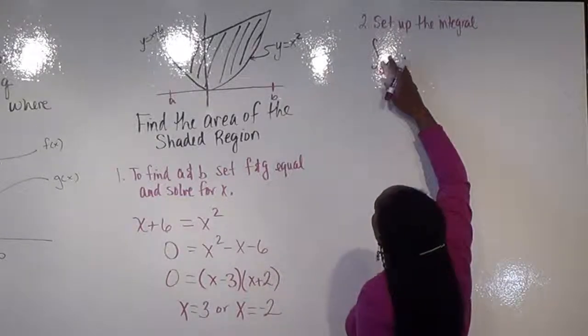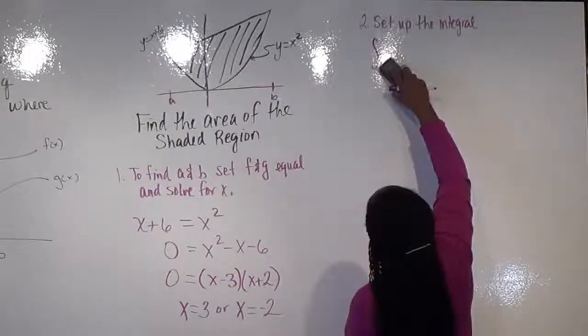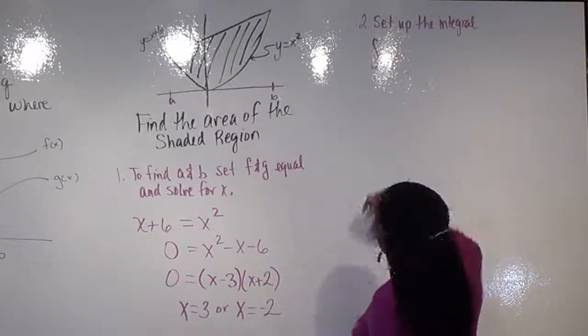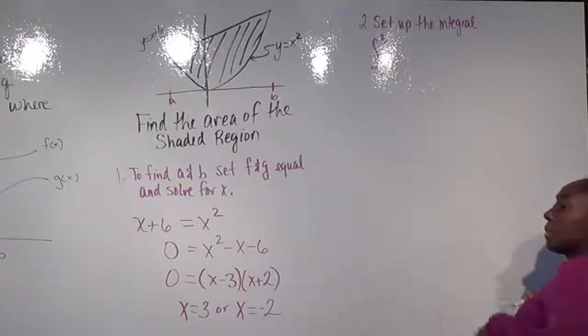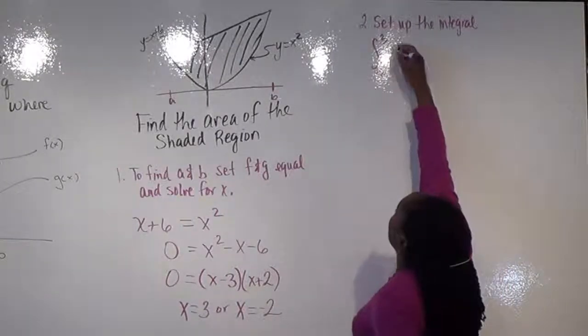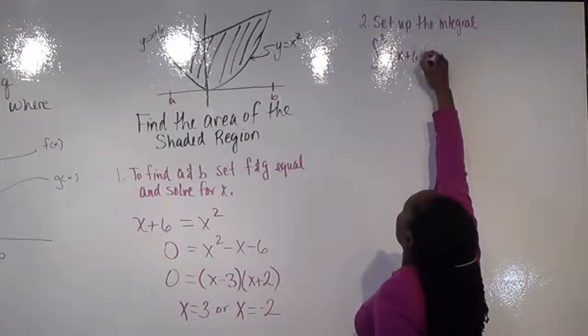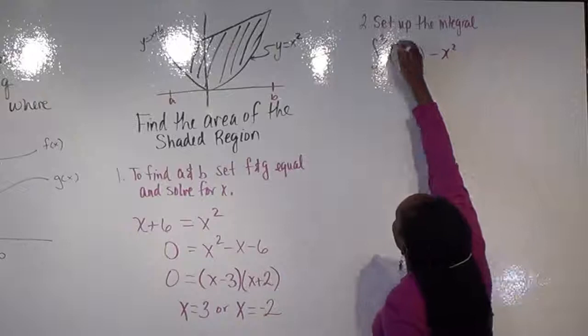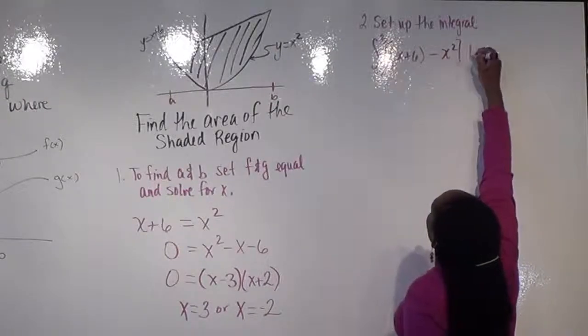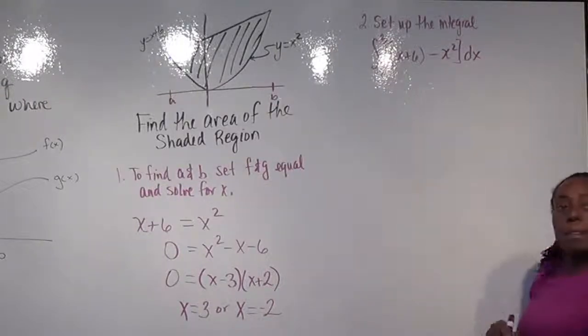So integral from a, which in this case is negative 2, up to 3. My upper curve stays the same for the entire region. So my upper curve is the x plus 6 minus my lower curve, which in this case will be the x squared. I'm going to integrate that with respect to x.